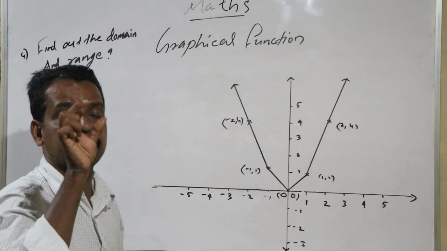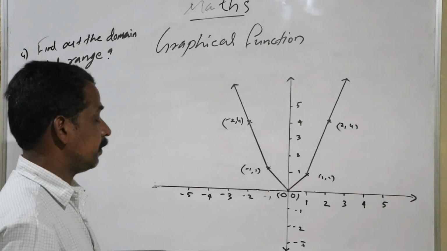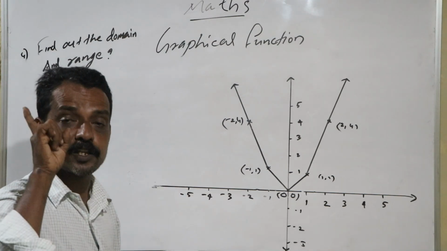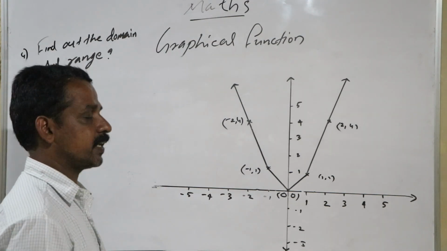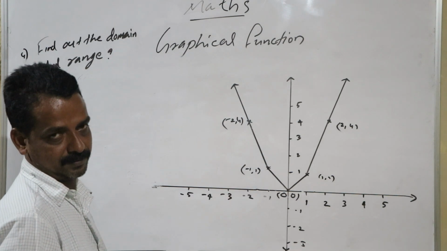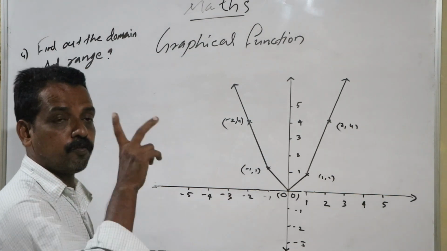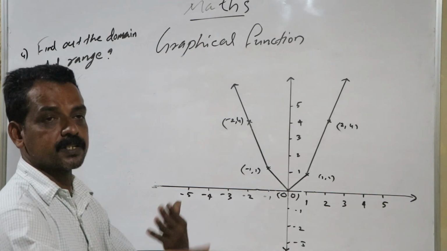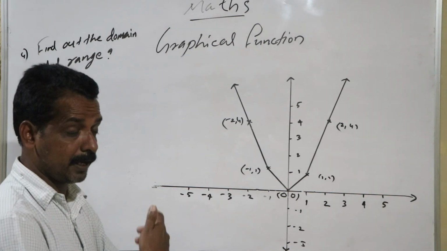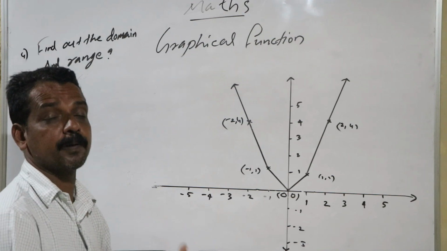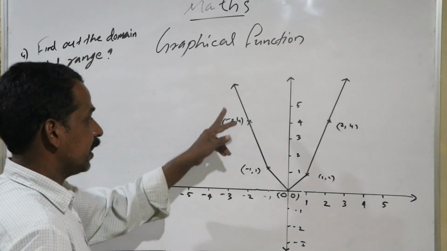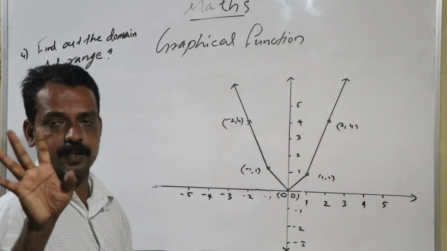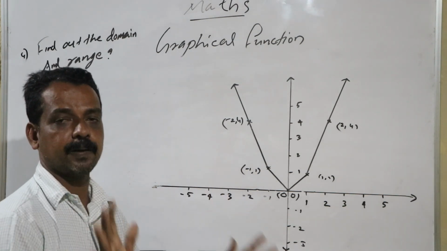This line is perpendicular to -3 on the x-axis, so the domain is only -3 according to this line. So, to find the domain or range in a graph, we must examine whether the graphical line is perpendicular or not. Here, these lines are not perpendicular.